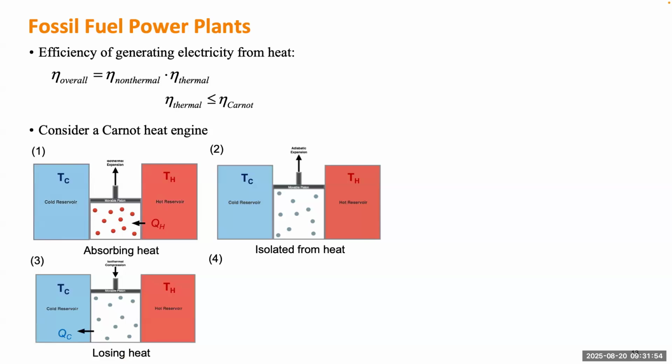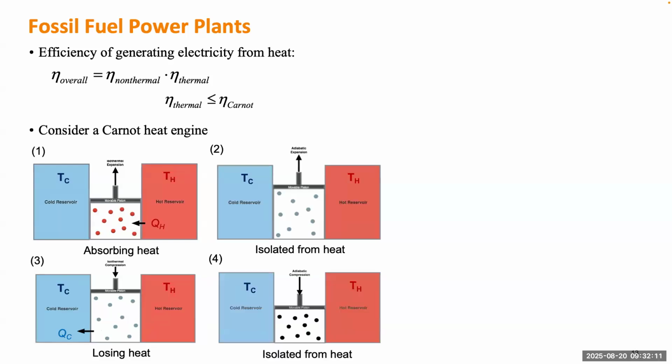In the next step, I make it fully contact with the cold reservoir. So the heat will be leaving the tank going to the cold reservoir, and the temperature will be the same as the cold reservoir temperature. And similarly, in the last step, isolated from both reservoirs, so the compression will continue.